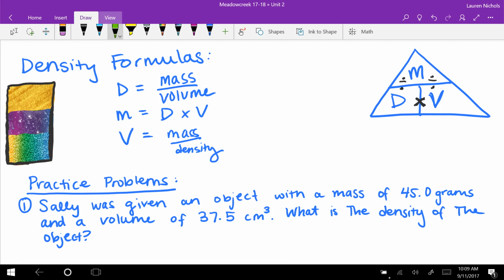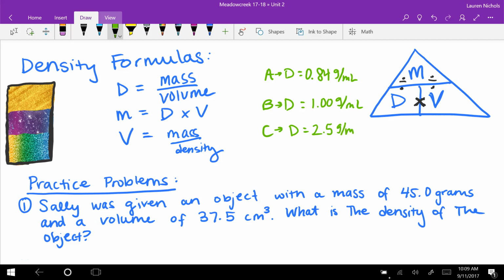Now, if we have three different liquids, so if we have liquid A, B, and C. Liquid A has a density of 0.84 grams per milliliter. Liquid B has a density of 1.00 grams per milliliter, and liquid C has a density of 2.5 grams per milliliter.